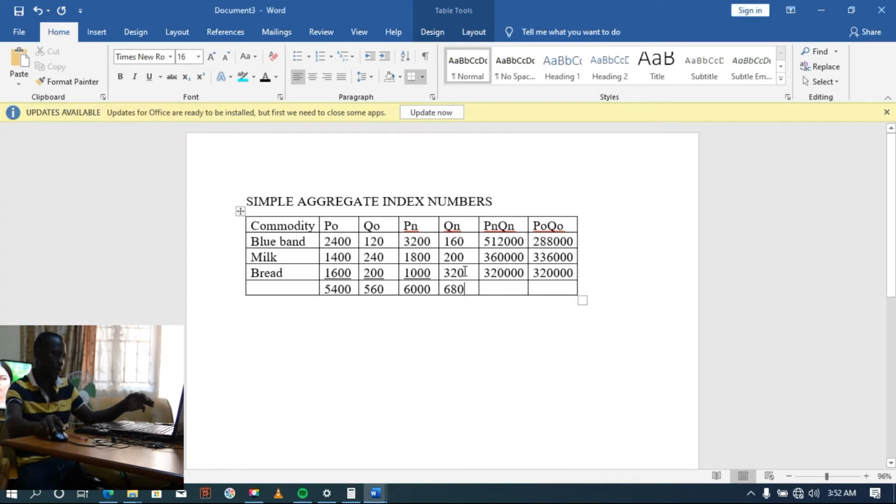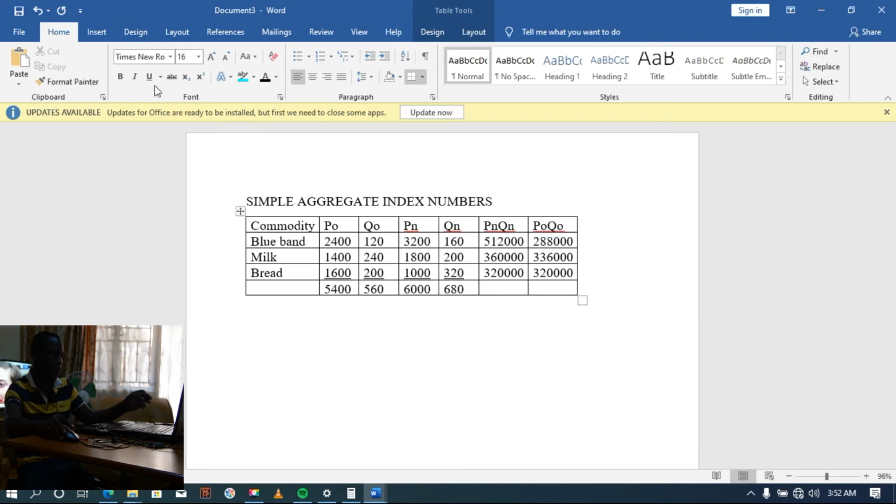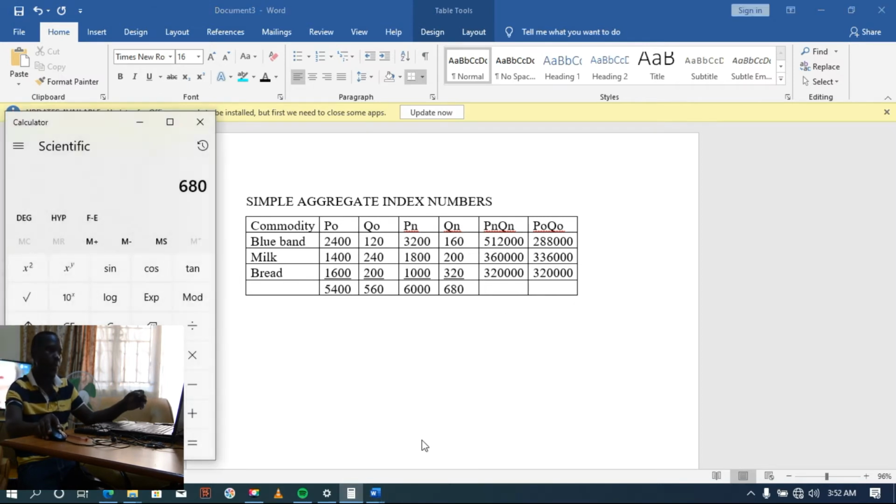And then the column of PNQN, so we sum them up. So we get 512,000 plus 360,000 plus 320,000.